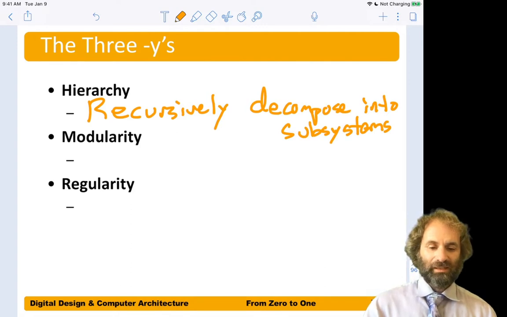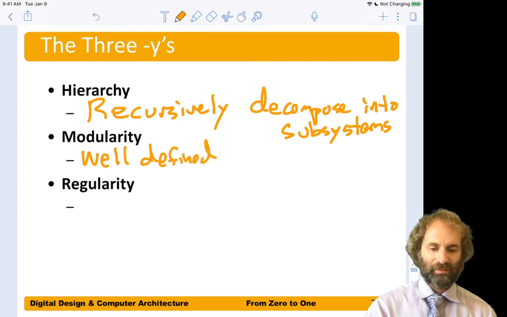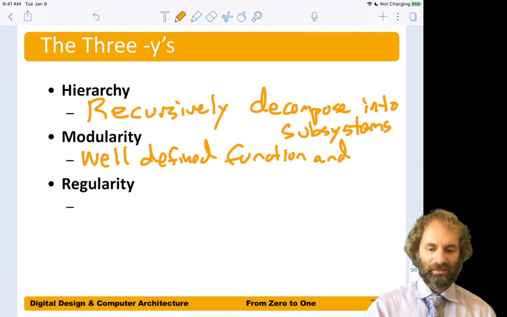Modularity is building systems with well-defined function and interface, which say the things that are modular have no side effects. Regularity is related to the notion of interchangeable parts.